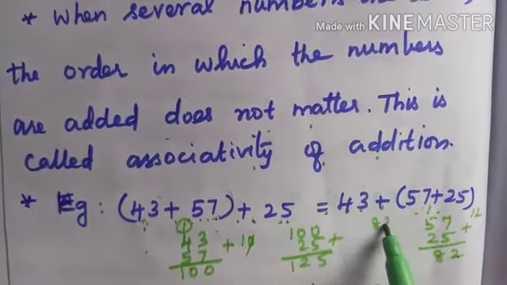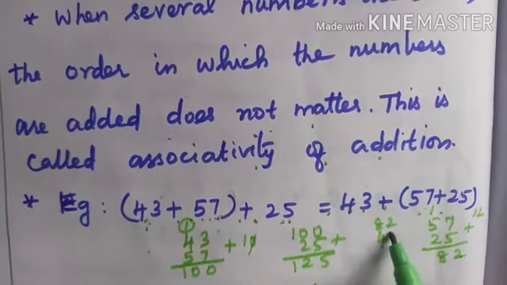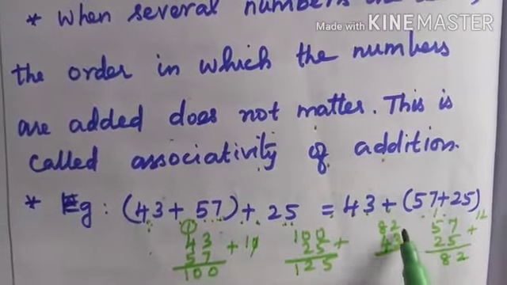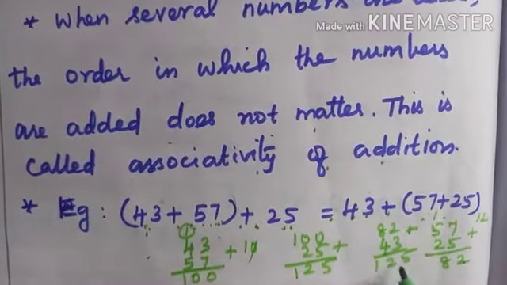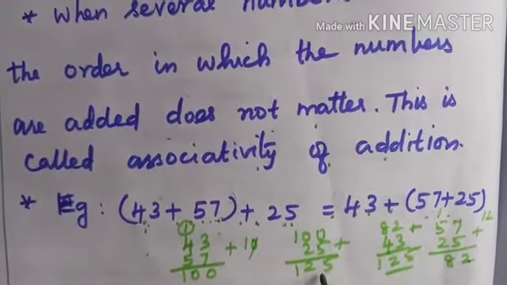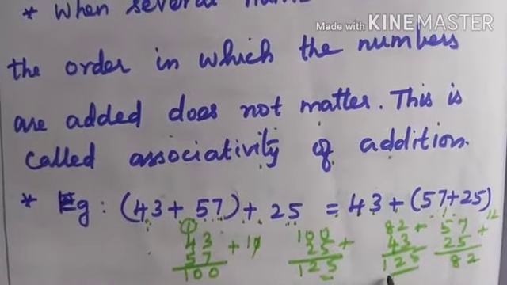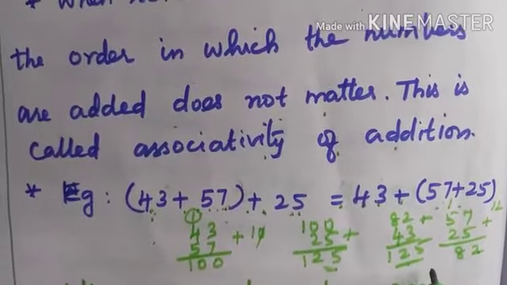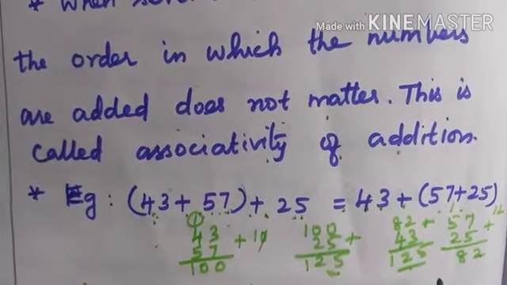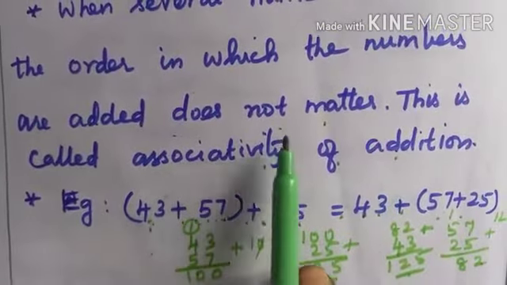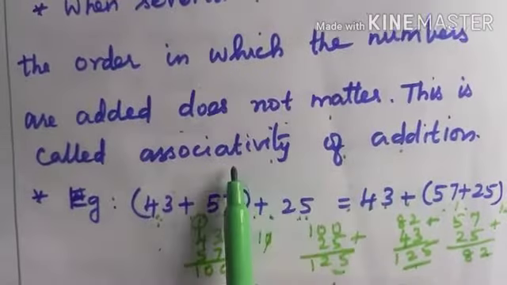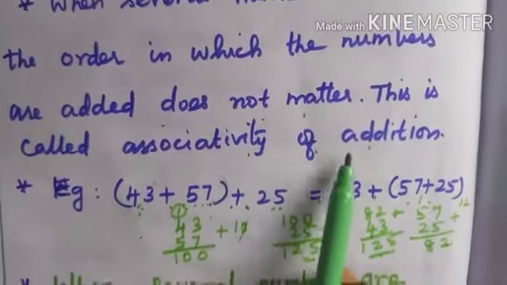When 82 is added to 43, 2 plus 3 is 5, 8 plus 4 is 12, so 125. Here also we are getting 125, and this side also 125. Therefore, when several numbers are added, the order in which the numbers are added does not matter. This is called the associativity of addition.